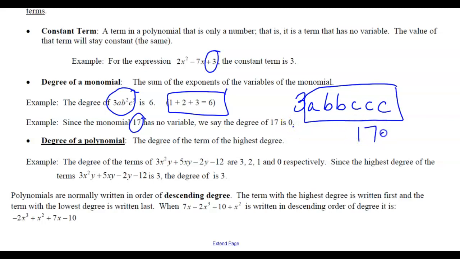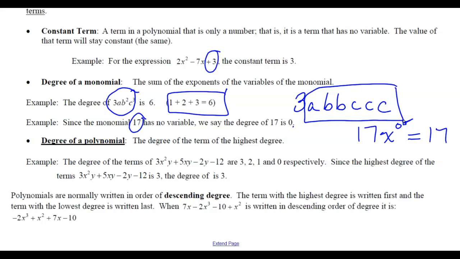Because think about this, if I had 17 times x to the 0, x to the 0 is 1. This is really equal to 17. So that tells me 0 variables in that term. 17 doesn't have any variables, so the degree is 0.